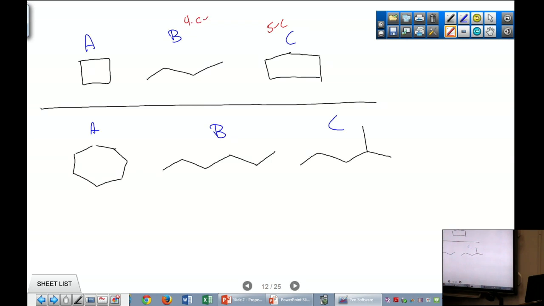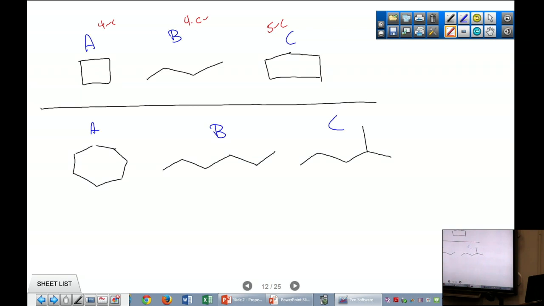So if you were to compare 4 carbons in a ring and 5 carbons in a ring, which one has a higher boiling point? 5 carbons in a ring. If you were to compare 4 carbons in a ring to a straight chain with 4 carbons, what has a higher boiling point? 4 carbons in a ring.